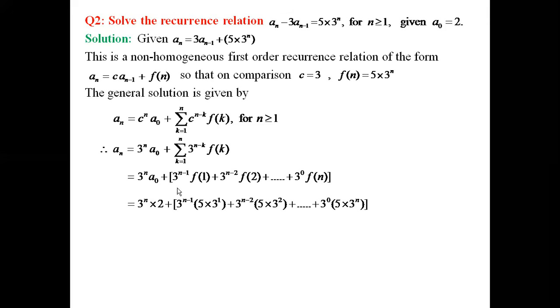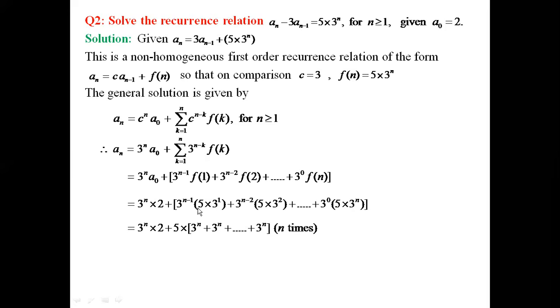So in the next step, we will substitute the value of f of 1, f of 2, f of 3, etc. from the known function f of n, which is 5 into 3 power n. So f of 1 will be 5 into 3 power 1, f of 2 will be 5 into 3 power 2, etc. F of n is written as it is, 5 into 3 power n.